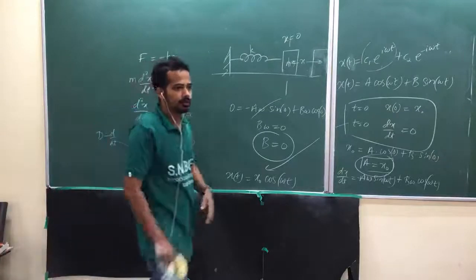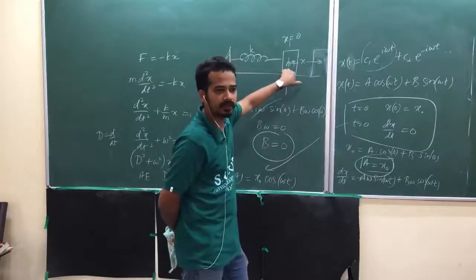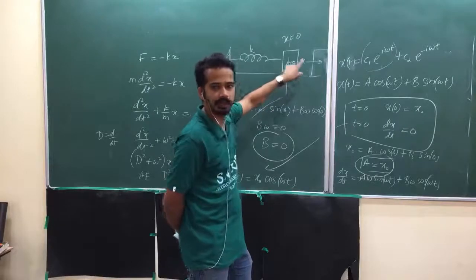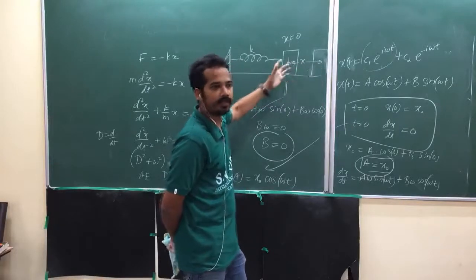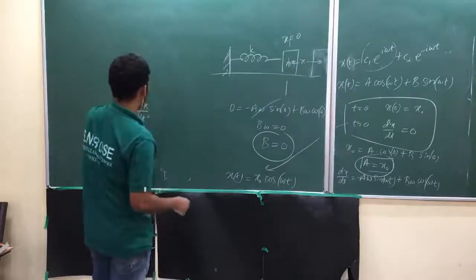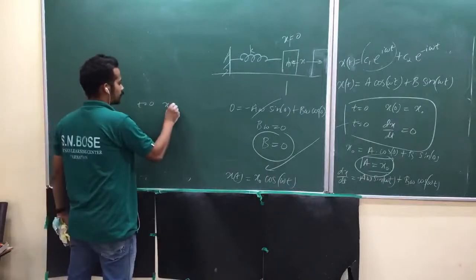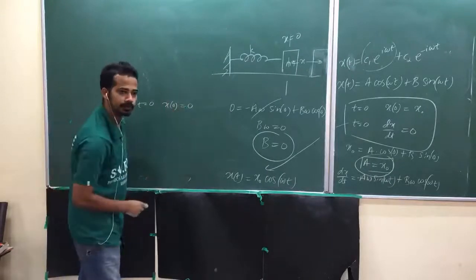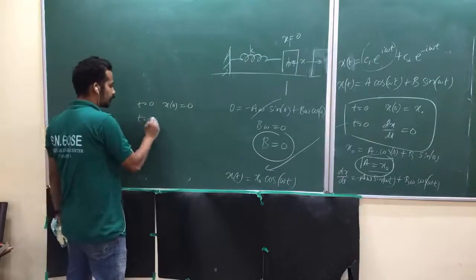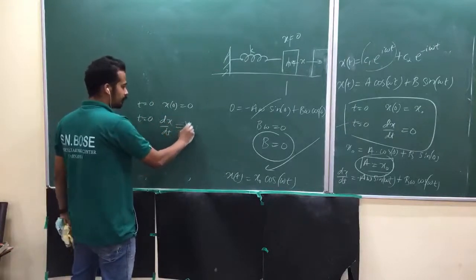Now suppose you start your clock at the mean position, not the extreme position, where it has some maximum velocity. Can you just check it out for another boundary condition? Let me give the other boundary condition. At time t equal to 0, x of 0 is equal to 0, it was at the mean position. But at time t equal to 0, dx by dt is some maximum value.